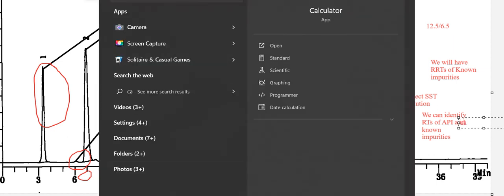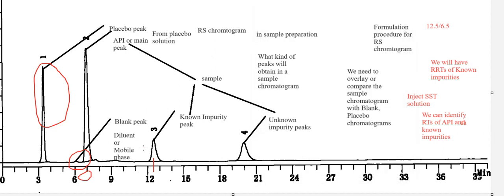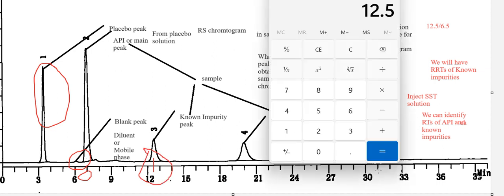I would like to explain with a calculation: 12.5 divided by 6.5 gives 1.9.